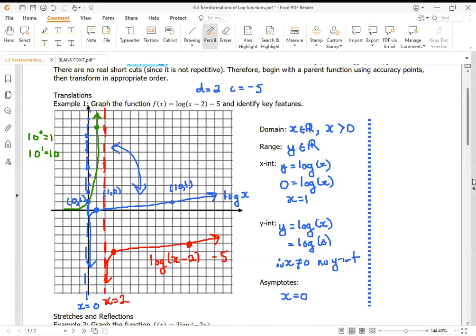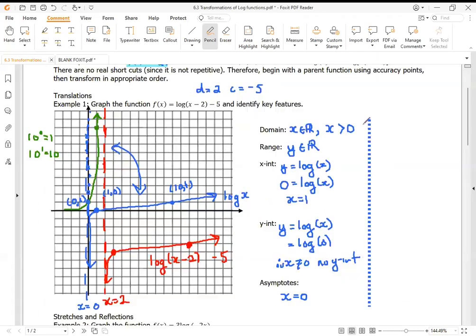Now, I'm going to use red pen to talk about how the transformations have altered the characteristics. For the domain, x still belongs to real numbers, but because my asymptote is now at 2, and the domain has shifted, x must be greater than 2.